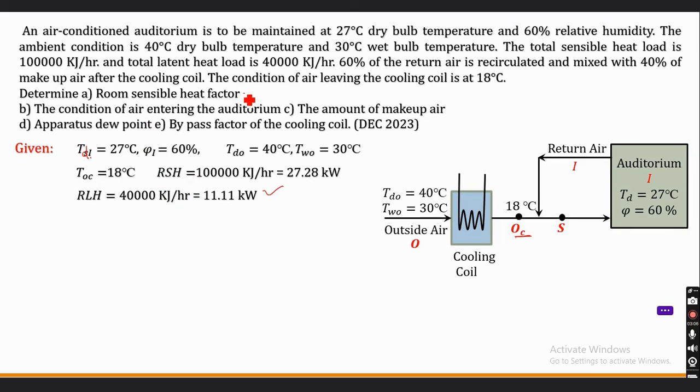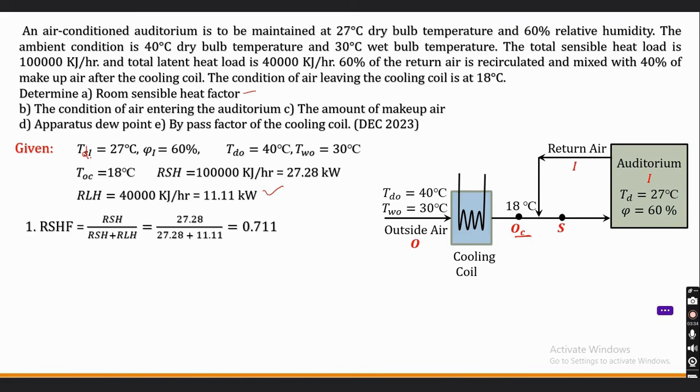First thing that we can find out is room sensible heat factor, and we all know that it is the ratio of room sensible heat upon total room heat, that is addition of room sensible heat plus room latent heat. So the formula is: room sensible heat factor equals room sensible heat divided by room sensible heat plus room latent heat.